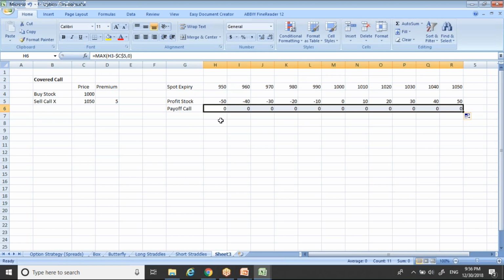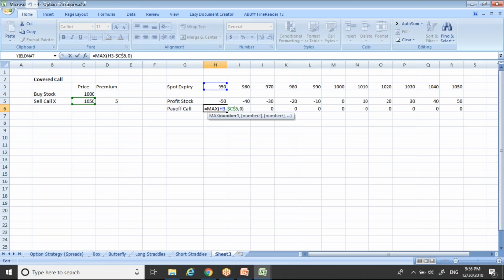There's something wrong. Max of spot minus strike, or 0, is your payoff. So if the price goes up, this gives you some profit.